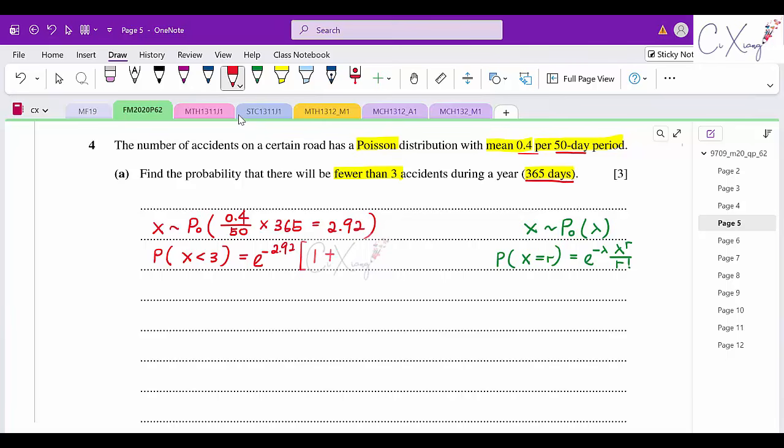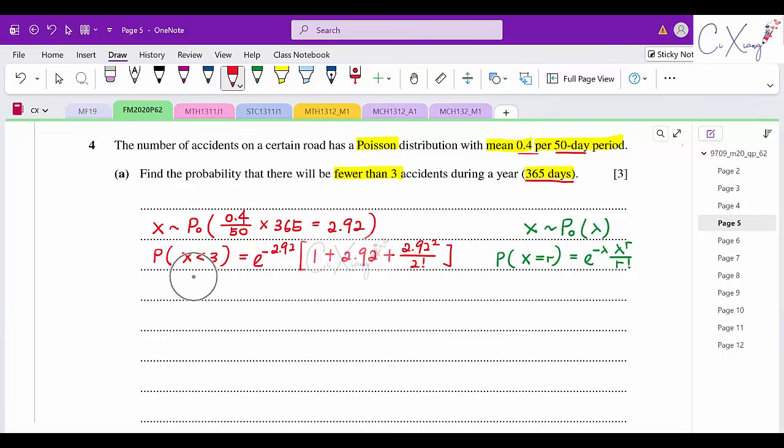When you are having x equals 1, I also have e negative lambda, but I just factorize it outside already. Then here I want to have lambda power 1 divided by 1 factorial. It will be the lambda itself. Then when x equals 2, I take the e power negative lambda, factorize out. Then I'm having lambda power 2 divided by 2 factorial.